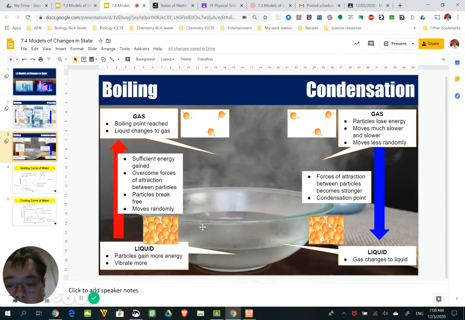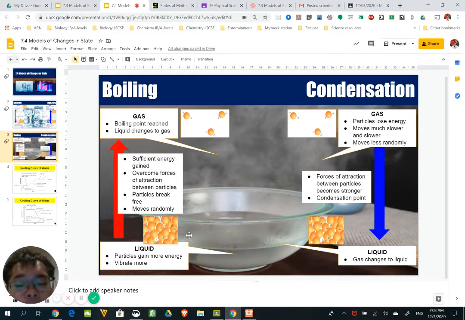Yeah. So from the boiling part here, you will notice that, hang on a second, okay, my liquid is moving randomly, very freely. Now, what happens if more energy has been gained? Obviously, the particles will have more energy and it will vibrate a little bit more. And of course, you need to gain a certain sufficient energy to overcome the forces of attraction between the particles.